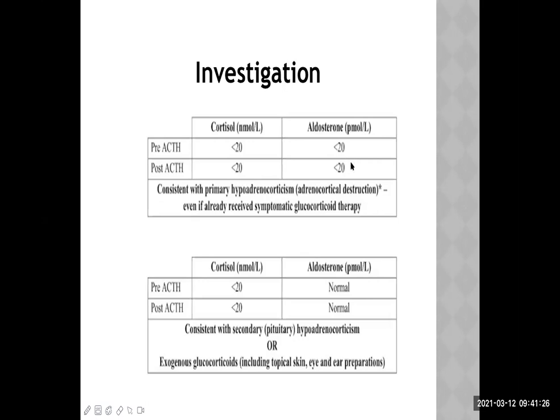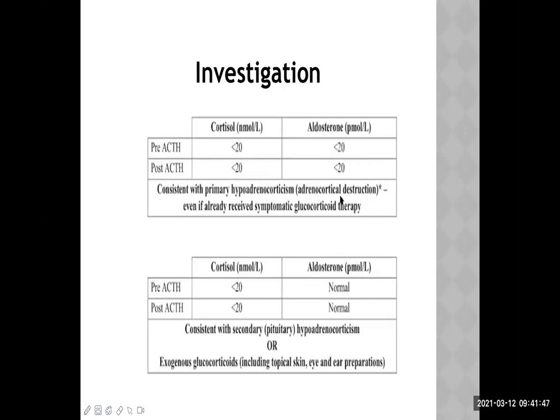Aldosterone is also less than 20, and post-ACTH aldosterone is also less than 20. What does that mean? This is a case of primary hypoadrenalism or primary hypoadrenocorticism, because both cortisol and aldosterone are decreased even before stimulation and after stimulation.